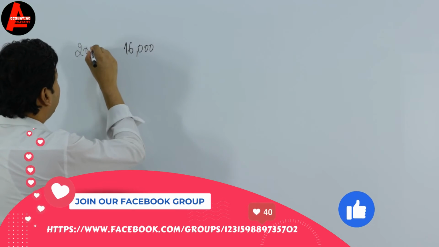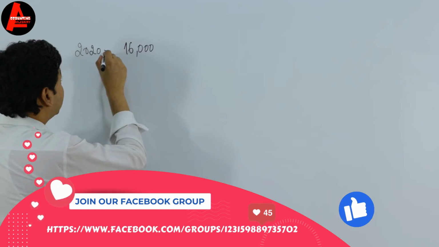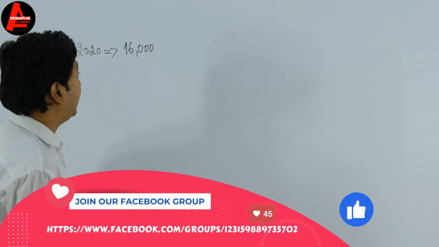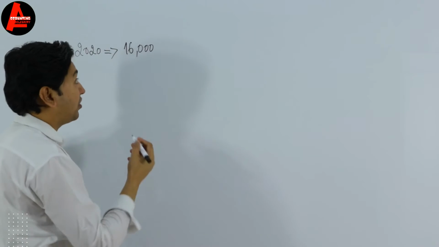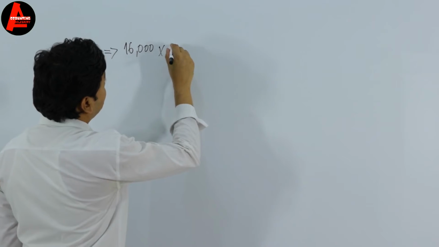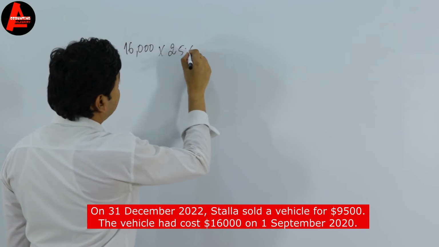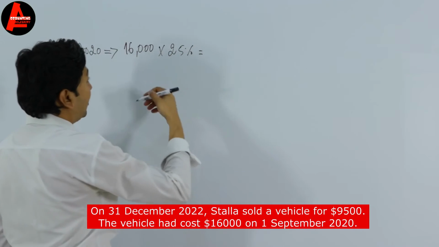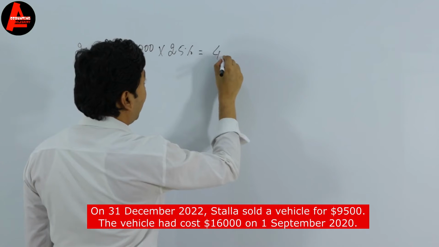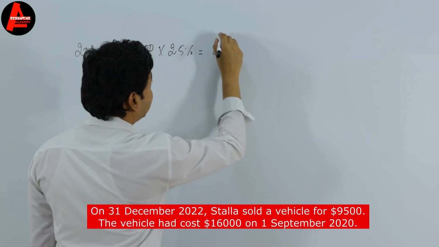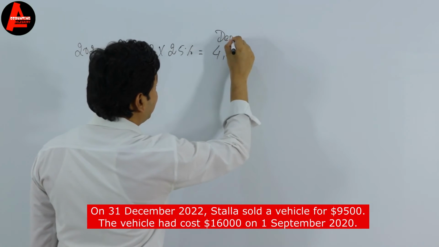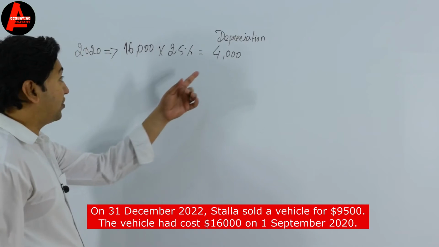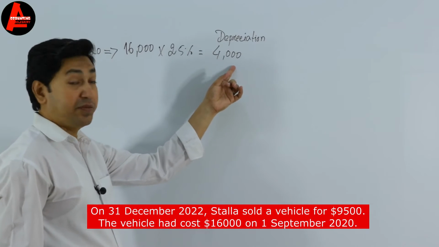For 2020, we will calculate the depreciation first. In 2020 the cost price was $16,000 and the rate of depreciation was 25%. If we multiply, we get $4,000. This is the depreciation. So in 2020 the depreciation was $4,000.